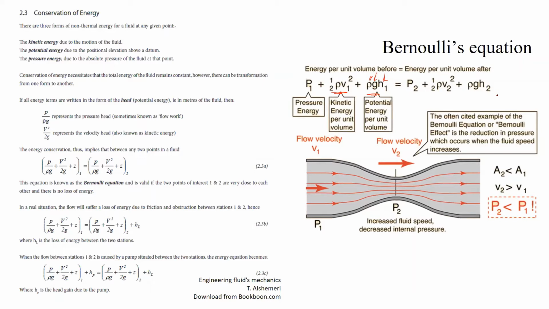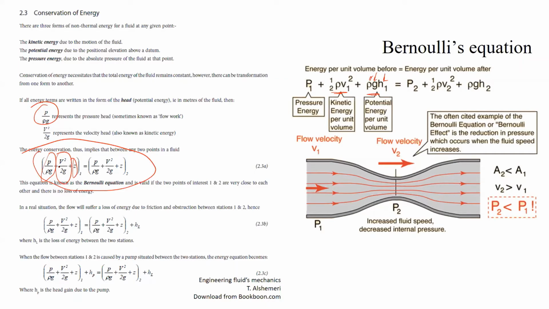The two sides should be equal. Of course, we have to consider the pressure energy. Sometimes we divide the whole equation by rho g and write it like this: pressure energy can be like this, velocity energy can be like this, and potential energy can be like this.